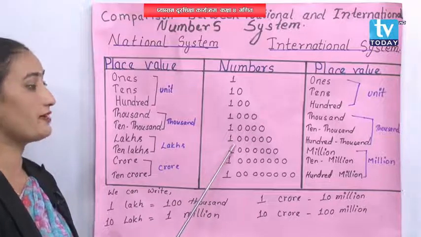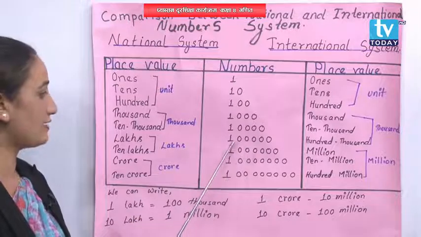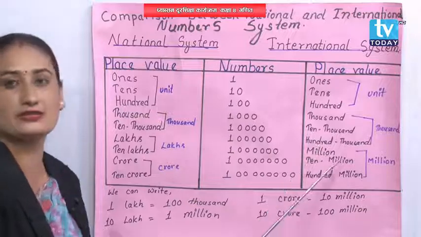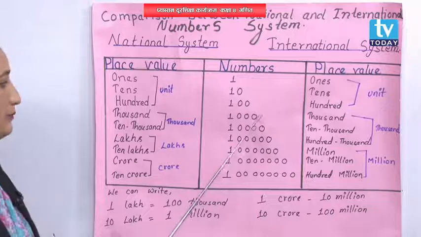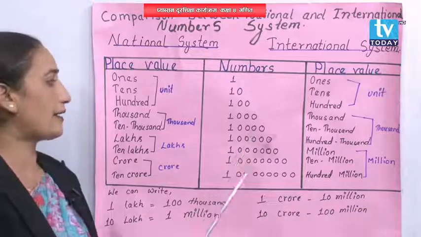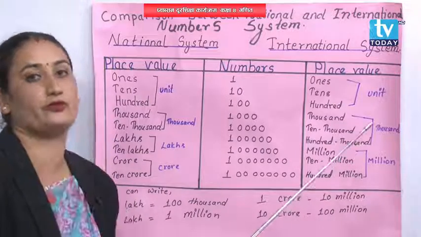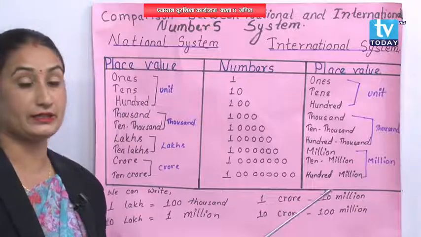In place of lakh, in the international system, we write 100,000. You have to remember that, okay? In place of lakh you write 100,000, with 1000 written three times in the international system. Are you getting me?